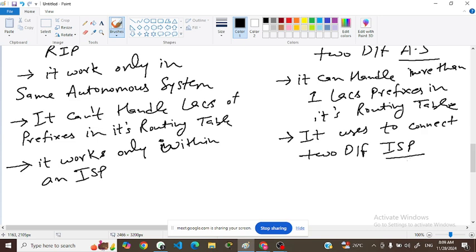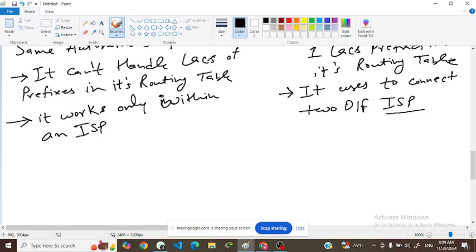Prefixes, are you referring to the number of routers? No, prefixes do not mean routers.